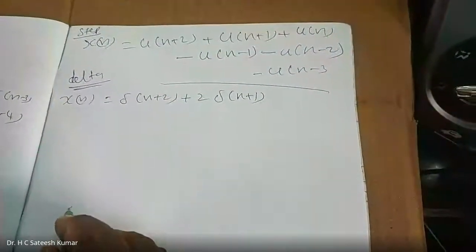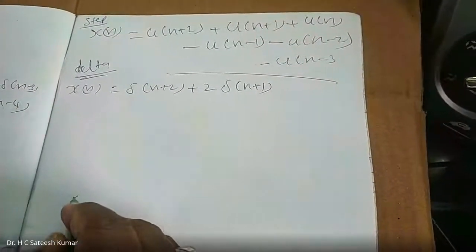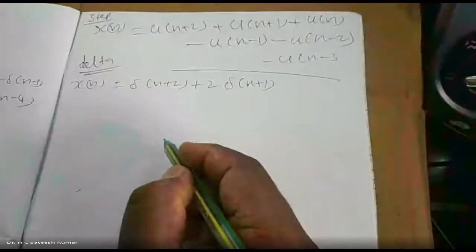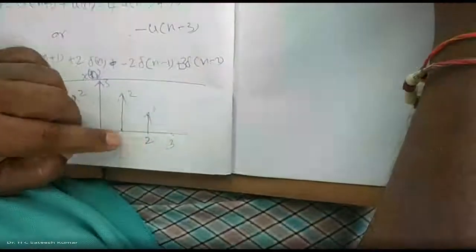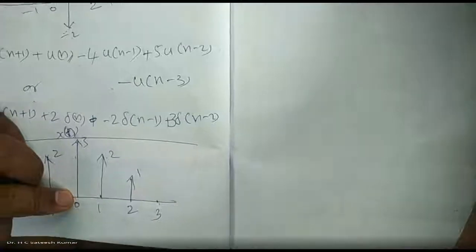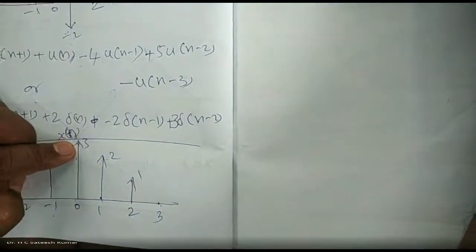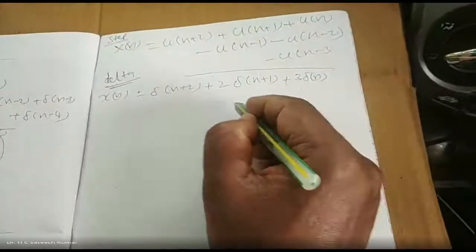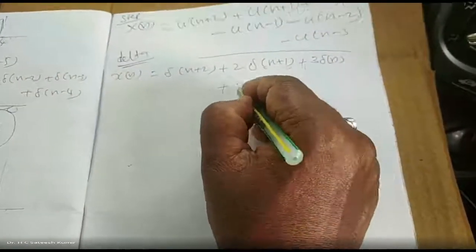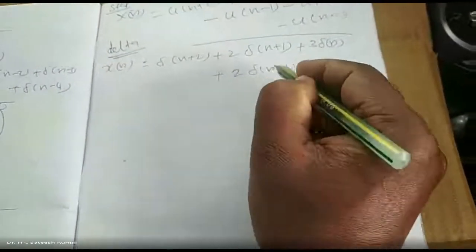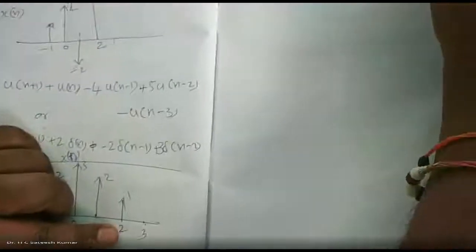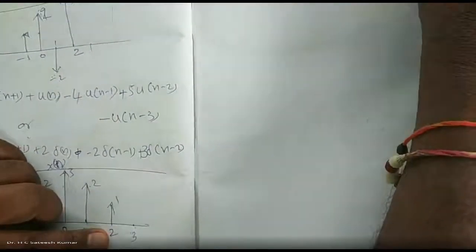A delta function or impulse function is a function which exists at only one place. Next, at 0, the amplitude is 3, so 3 delta of n. Delta function at 1, amplitude 2, so 2 delta of n minus 1. At 2, amplitude is 1, delta of n minus 2.